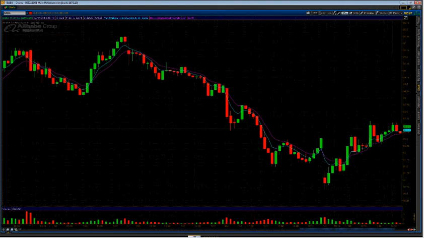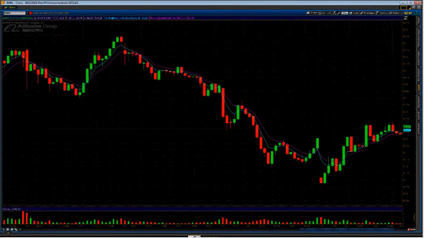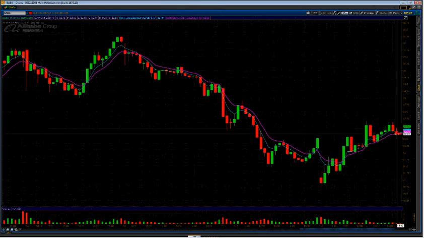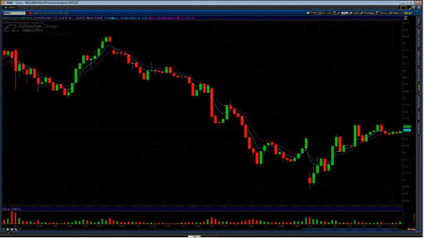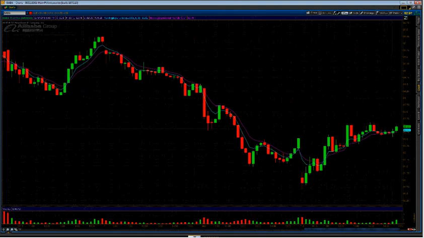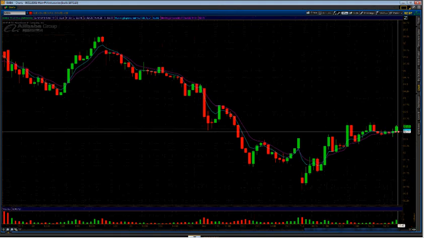Right here, you would have sold calls because the 9 actually decreases its value. And it ended the day as such with the 9 curling back upwards.